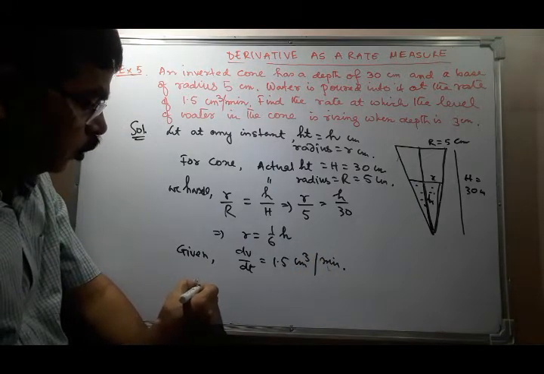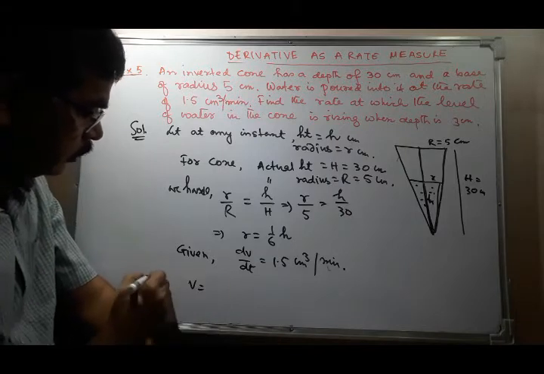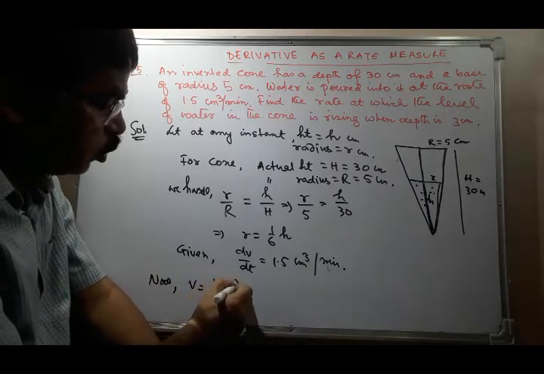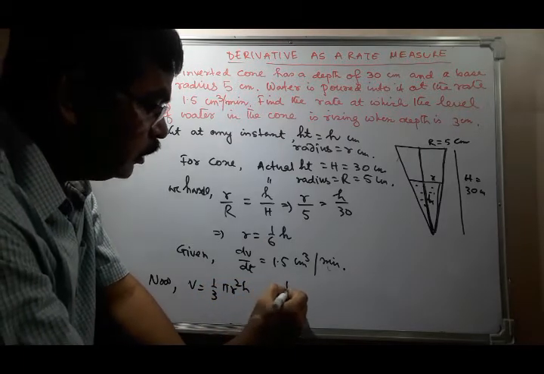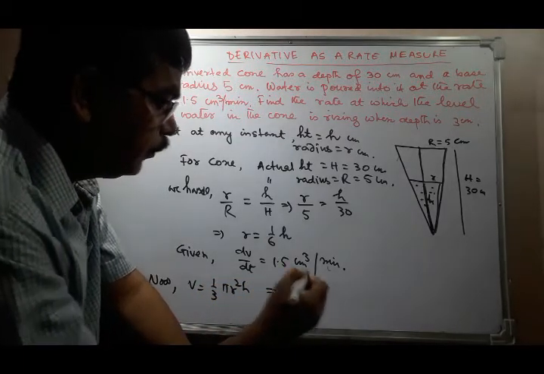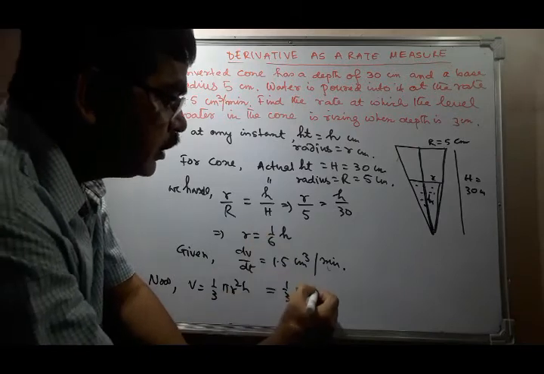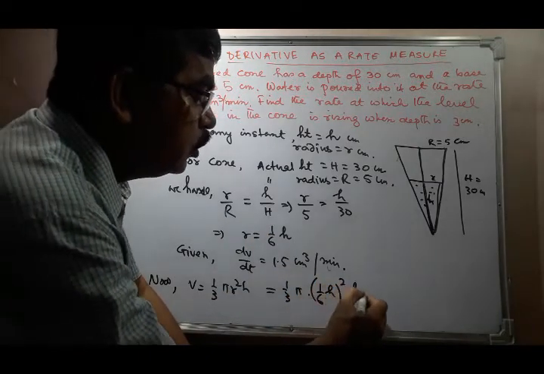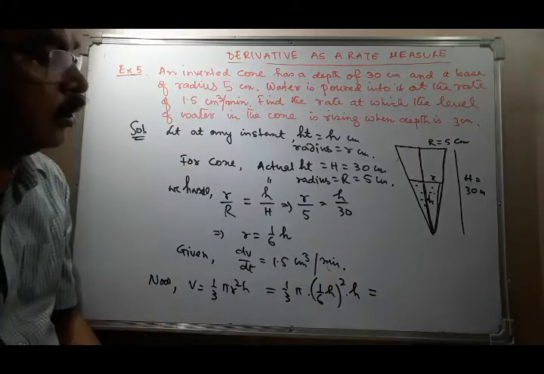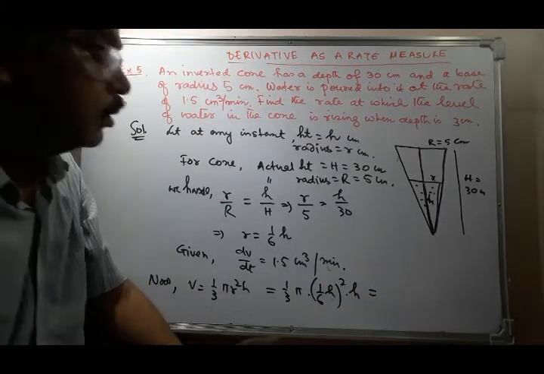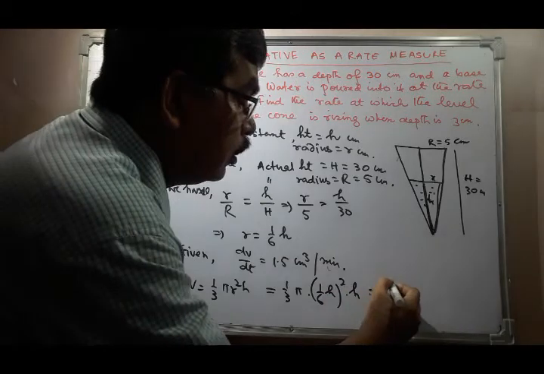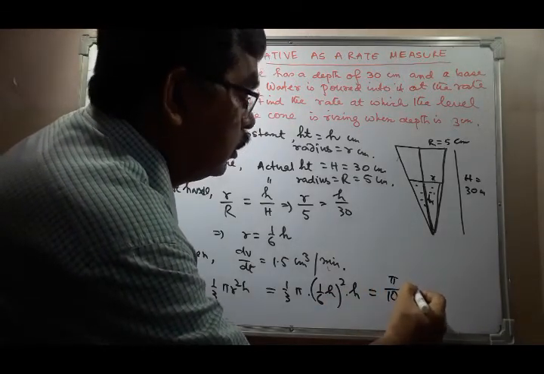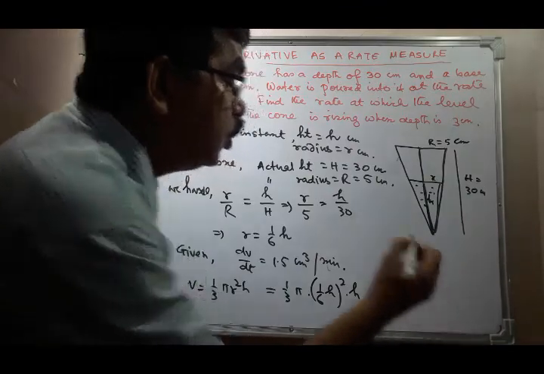Volume of the cone formula is 1/3 pi r square h. That is 1/3 pi, r means 1 by 6 h, so 1 by 6 h whole square into h. So what will we get? It is coming pi by 108 h cube.